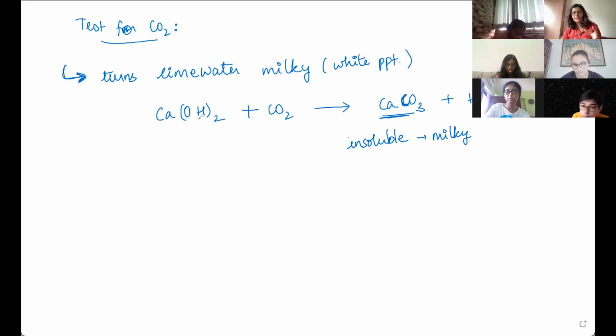What is happening in the chemical reaction test? Why is it turning milky? The milky substance is calcium carbonate, and that is the observation we get. It's turning white in color because it is not soluble in water. So it precipitates out, and that's what we see as a white substance being formed. That's what we call being milky.